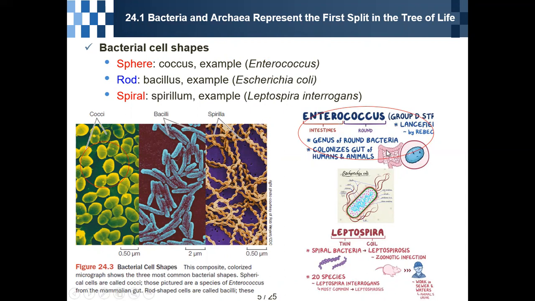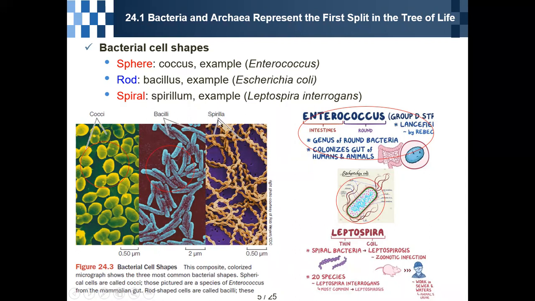Okay. Another shape is the rod shape, like this. We call it a bacillus or bacilli. An example is E. coli. E. coli looks like the rod, bacillus shape, like this. Another shape is the spiral.